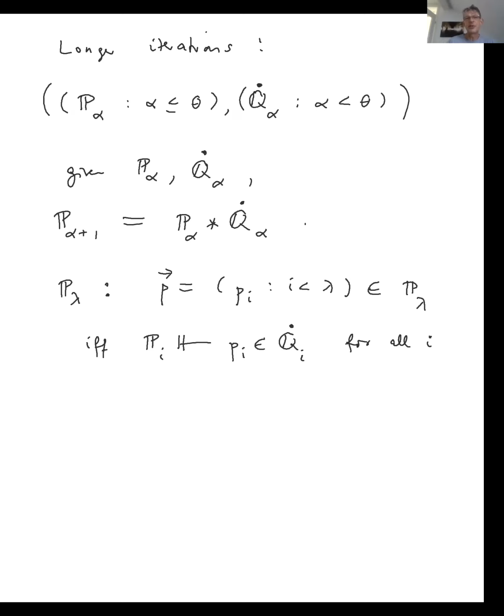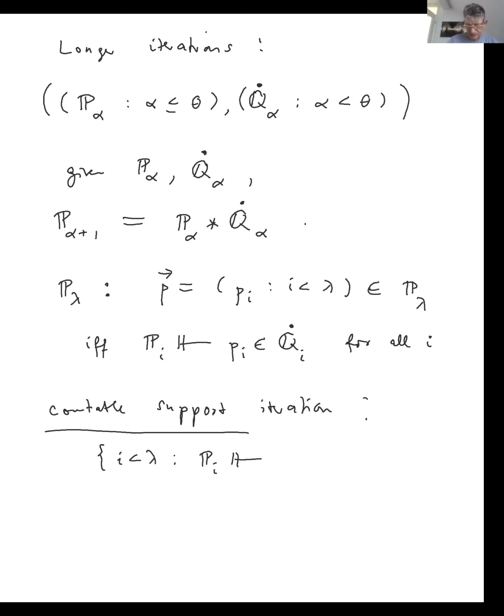What is important for us is something which is called a countable support iteration. Countable support just means that in addition to what I wrote down about P lambda, there is a restriction on how you form P lambda, so you only take certain elements. Namely, you demand in addition that for a limit lambda, the set of i's less than lambda such that P_i does not force that p_i is the trivial element of Q_i is at most countable.